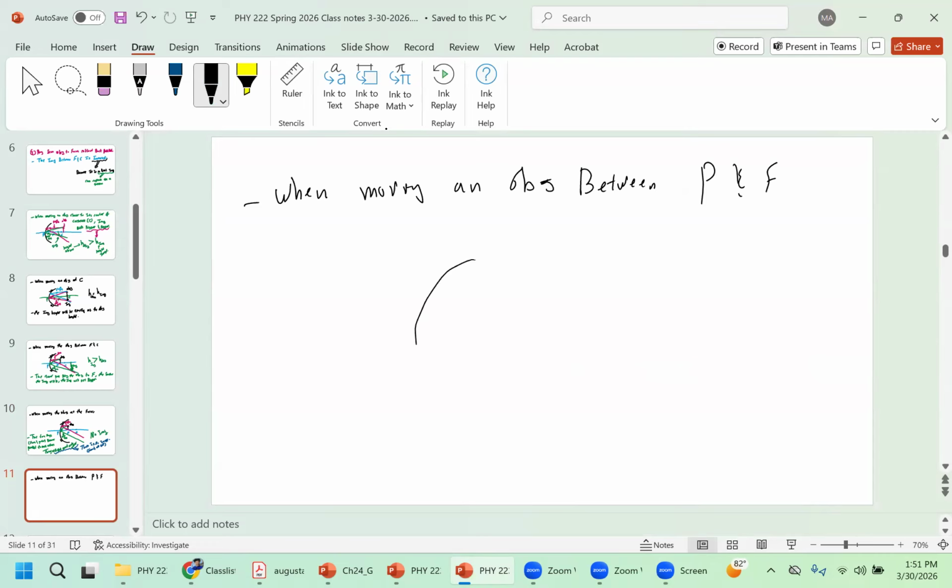So let's say here is my little thingy, and it's coming in here. Here's my pole. Here's my focus. Here's my center of curvature. And my object is right over here. Now, what's going to happen? Well, first of all, here's my object.